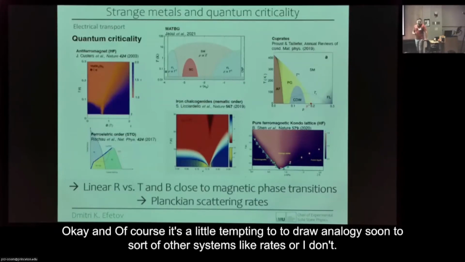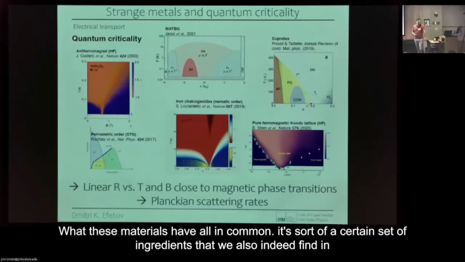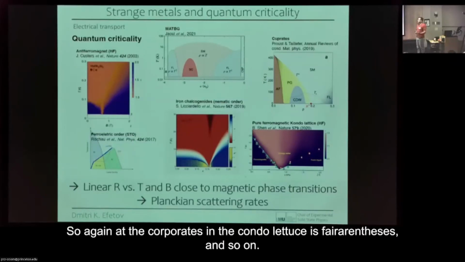But without drawing too many analogies to twisted bilayer graphene here, what these materials all have in common is a certain set of ingredients that we also find in twisted bilayer graphene. In all these materials there's some sort of magnetism. In the cuprates, it's antiferromagnetism. In the condensed lattices, it's ferromagnetism, and so on.